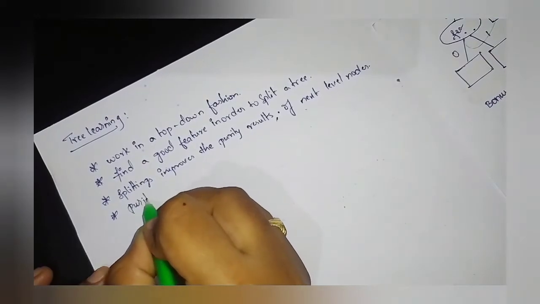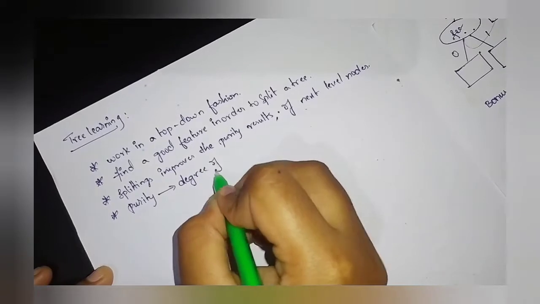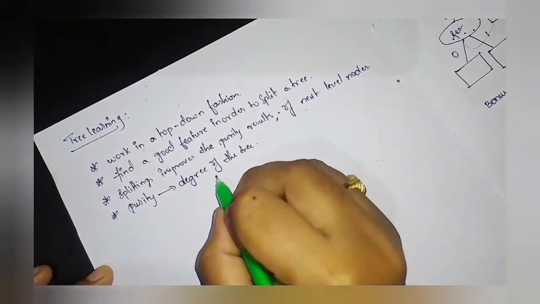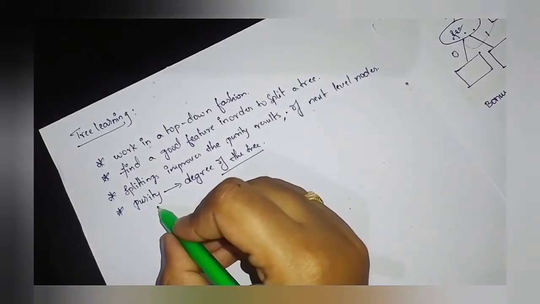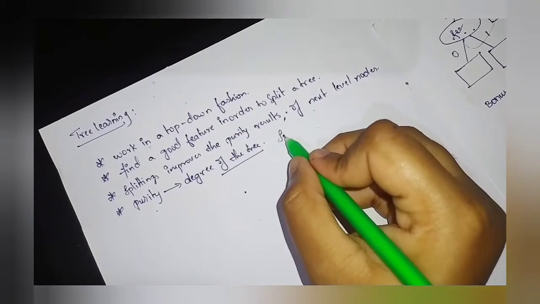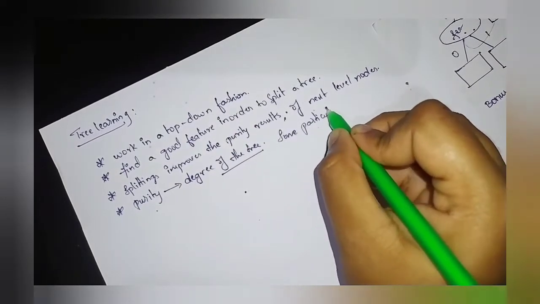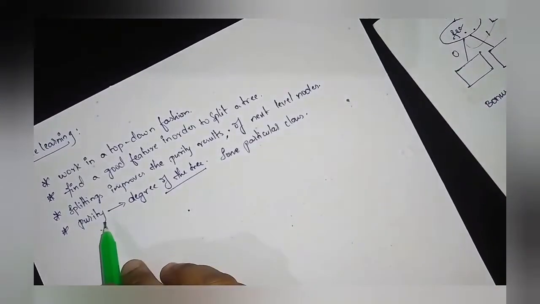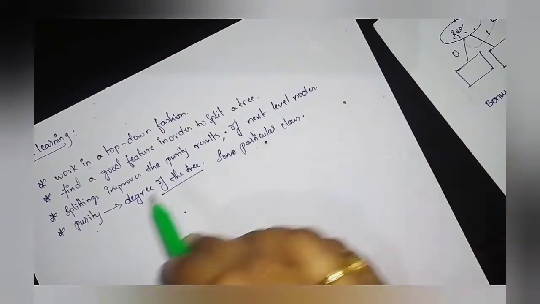So purity refers to the degree of the tree. The degree says that the purity of the node belongs to some particular class. That means the class that maintains the degree.